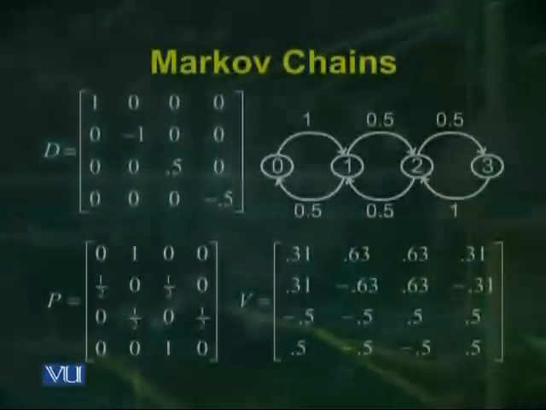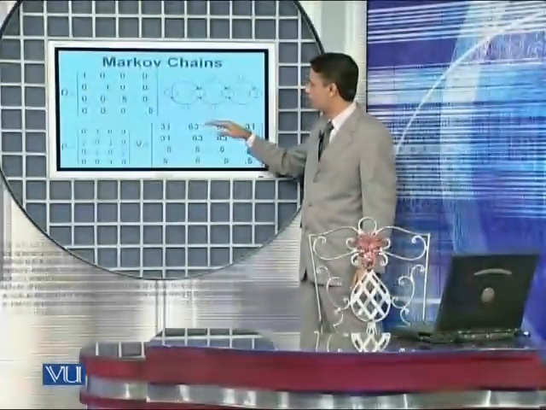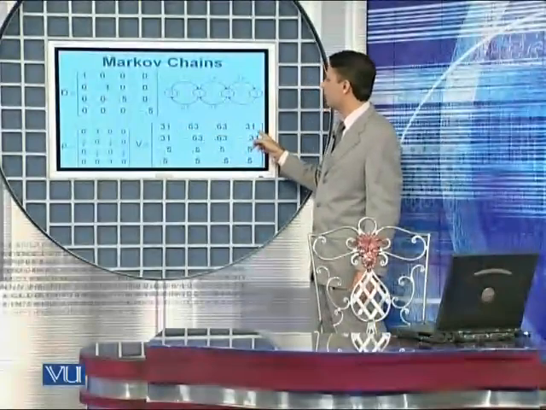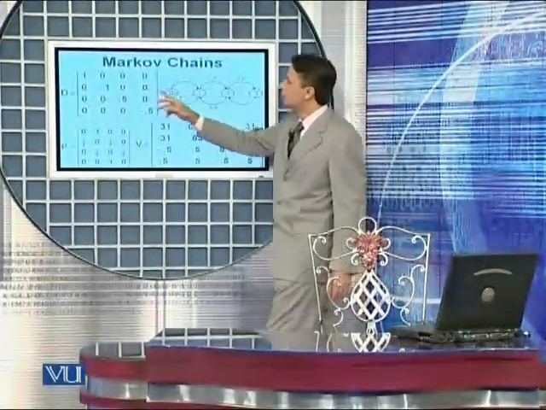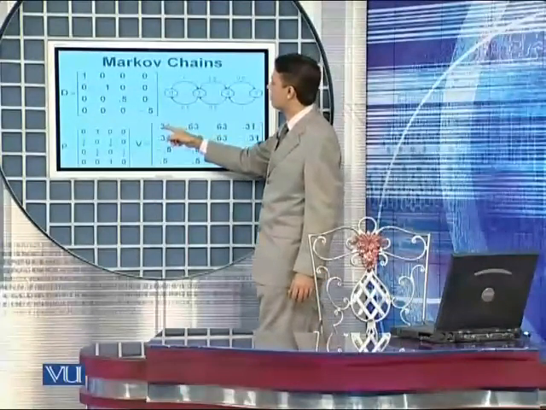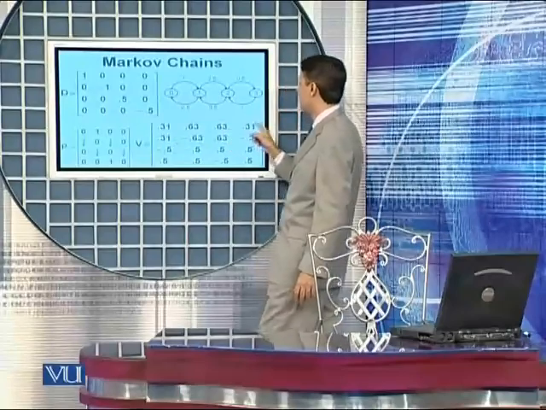So you will get a matrix D and corresponding matrix V, which is a matrix of 4 eigenvectors shown as 4 rows, one above the other, has this form, where corresponding to eigenvalue 1, we have an eigenvector of 0.31, 0.63, 0.63, and 0.31.